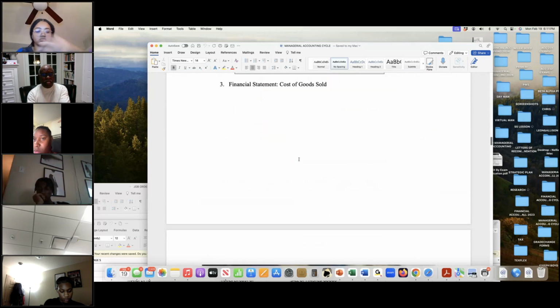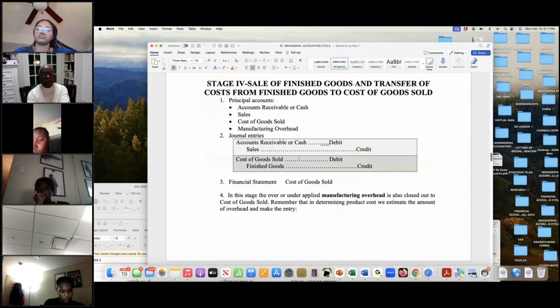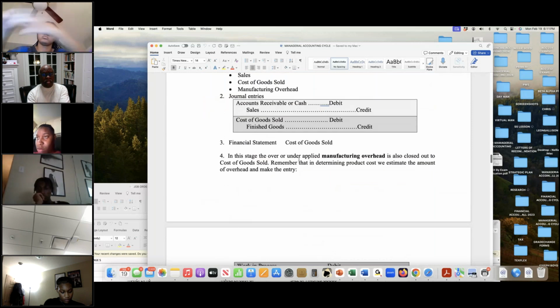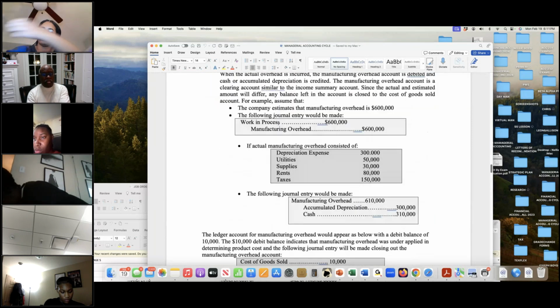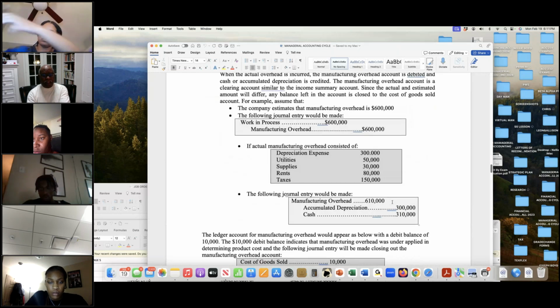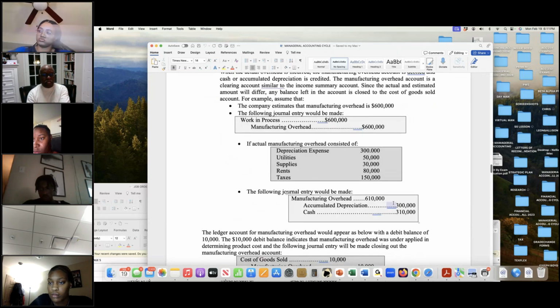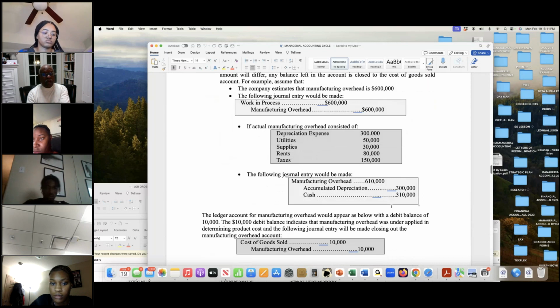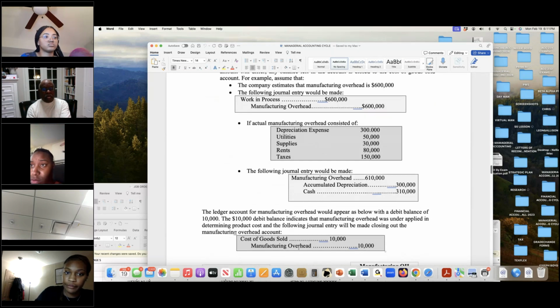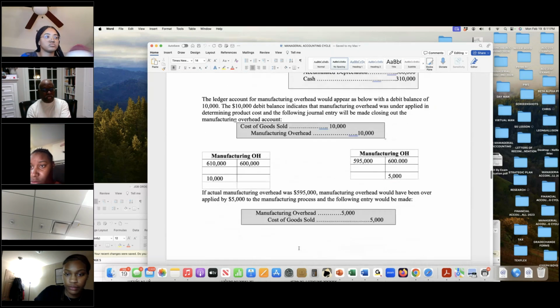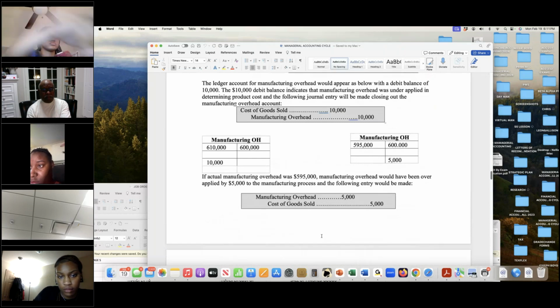And then once we get the actual manufacturing overhead in, we will record the actual cost. Debit overhead, credit accumulated depreciation, debit cash. And if there's any difference in this stage from what we estimated, then we're going to close it out to cost of goods sold one way or the other. Either we're going to debit cost of goods sold and credit manufacturing overhead, or we're going to debit manufacturing overhead and credit cost of goods sold, one of the two.